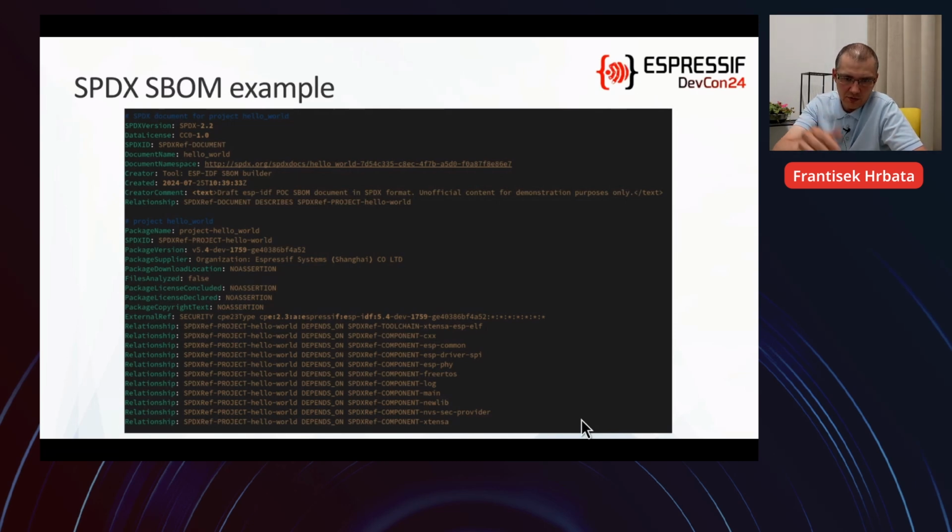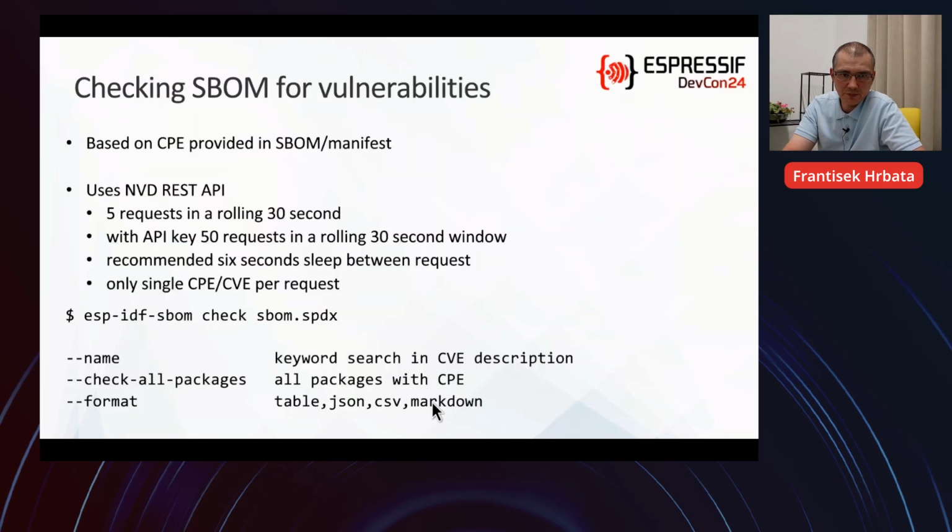So if we saw the whole output, we would see a SPDX package for each of these components, and each of these components would have dependencies on other components. So this is just for an example. Now, checking for vulnerabilities. As I explained earlier, this is based on Common Platform Enumeration, which is provided in the manifest file and transferred into the SBOM.